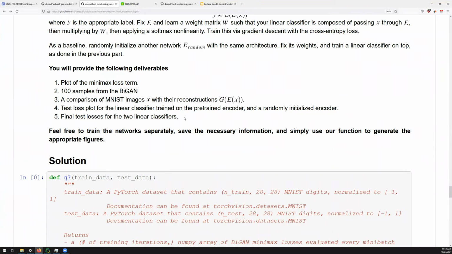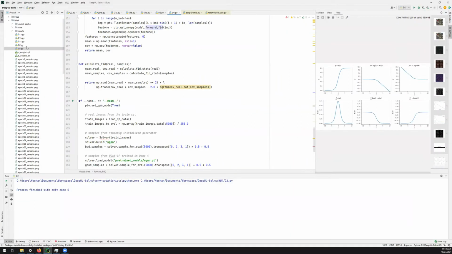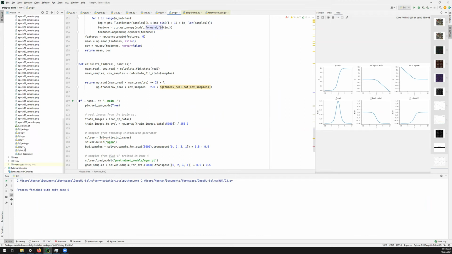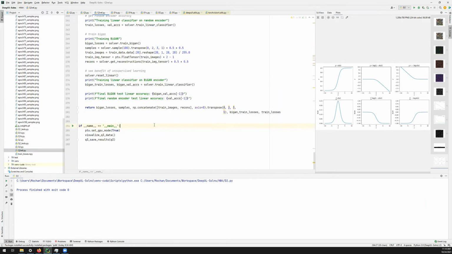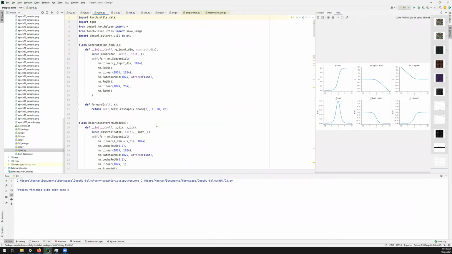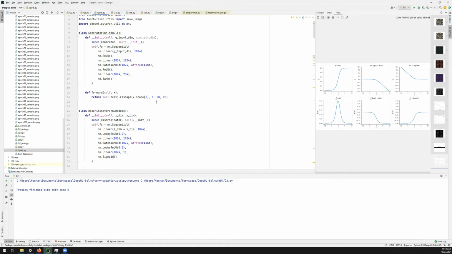Okay, so I'll just go through, I have it copied over here, the question 3 reference. Yeah, this is the reference implementation, and we can just go through it. Okay, so the first thing is we need the generator, discriminator, and the encoder, right?